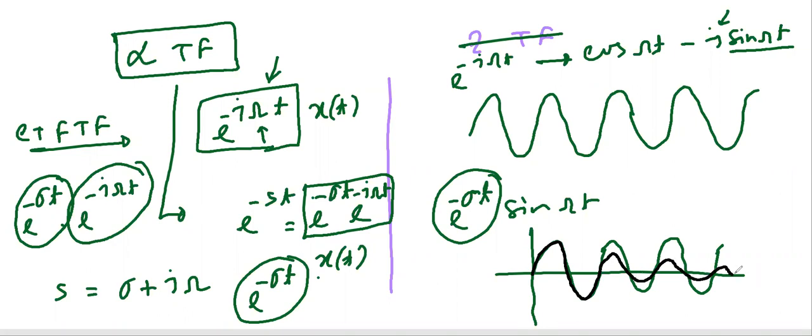This is definitely known as a stable signal. So depending on the value of sigma, in the first case, sigma equals 0, so there is no deviation.